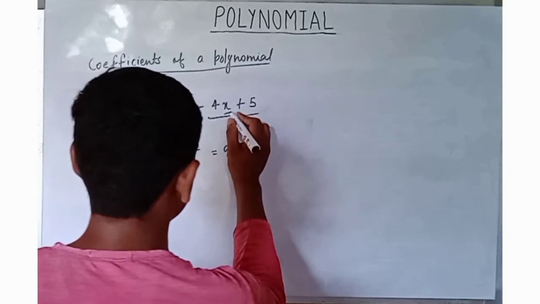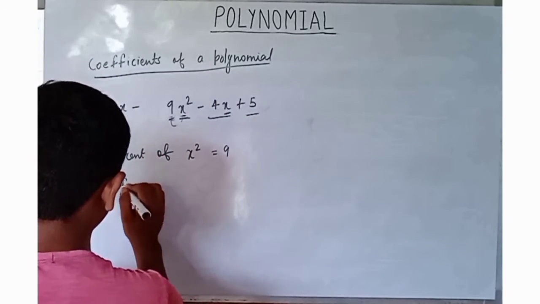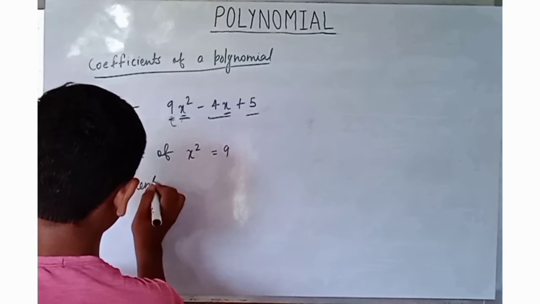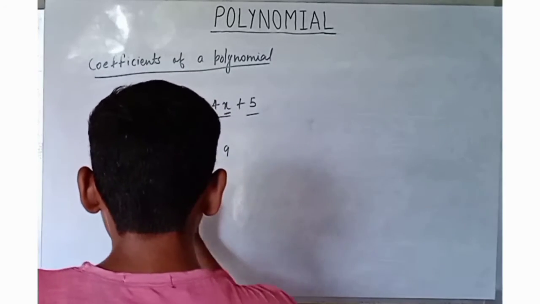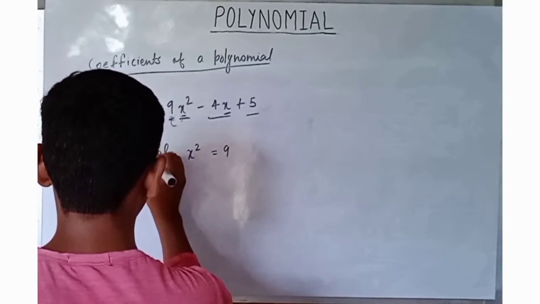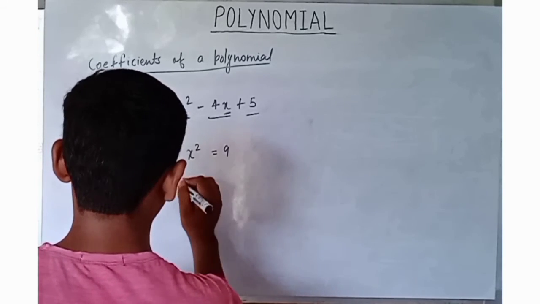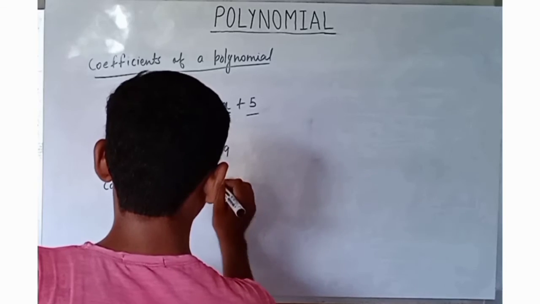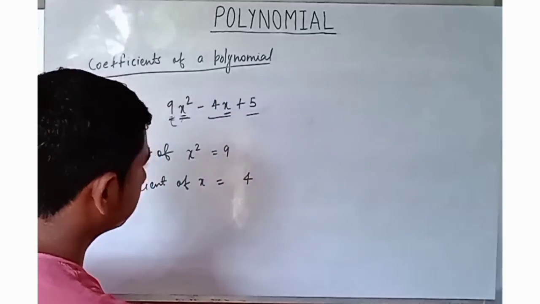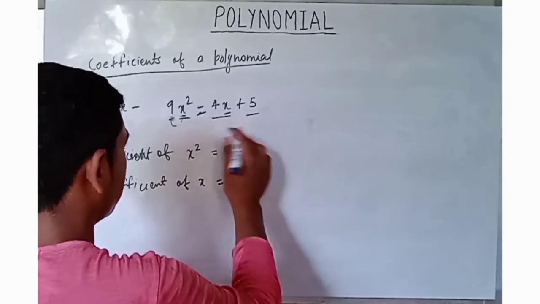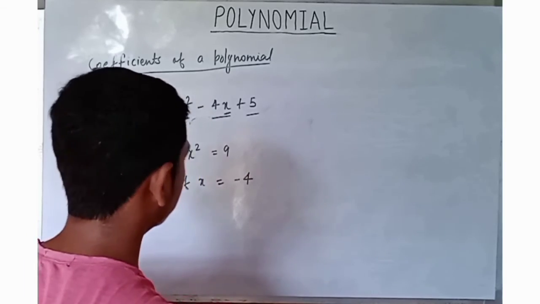Then the coefficient of the variable x will be 4. Is this right? No, we have to write the sign also. See carefully, it will be minus 4.